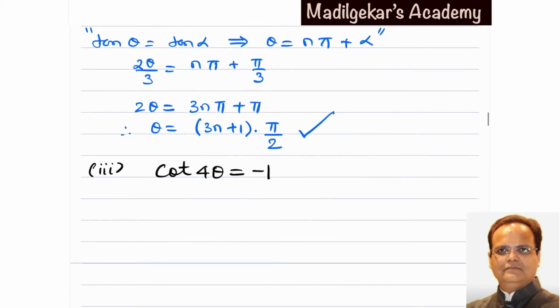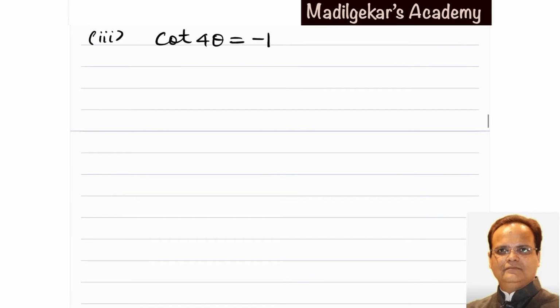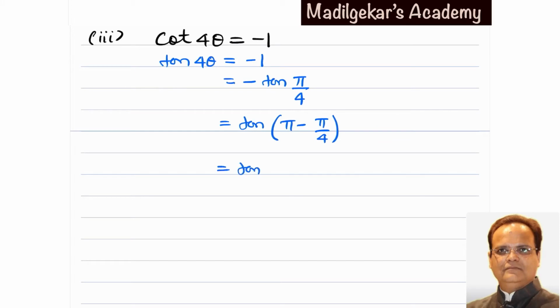Next, third bit. Cot theta is given to be minus 1. So in the first step, let us convert cot into tan. So tan of 4 theta will be minus 1. To eliminate minus 1, we have to convert into an allied angle. So it is tan of pi minus pi by 4, which is 3 pi by 4.